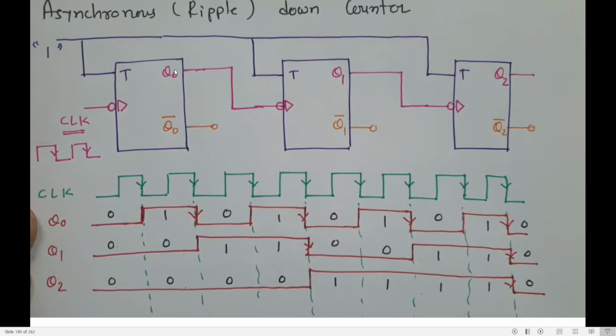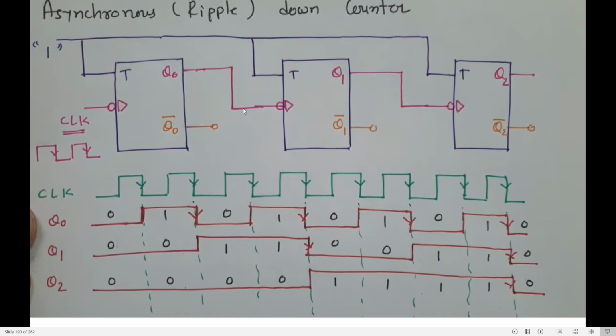Now I need to do Q1. You know Q1 is the output of the second flip-flop. Now in the second flip-flop, Q naught, the output of the first flip-flop, will act as the clock of the second. So for the second flip-flop Q1, what is acting as a clock?